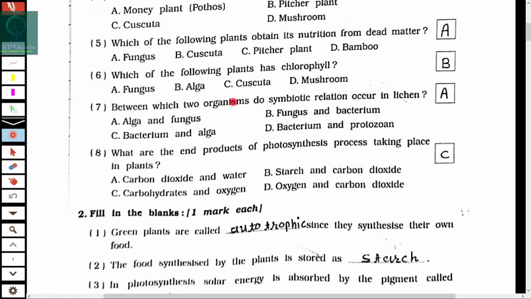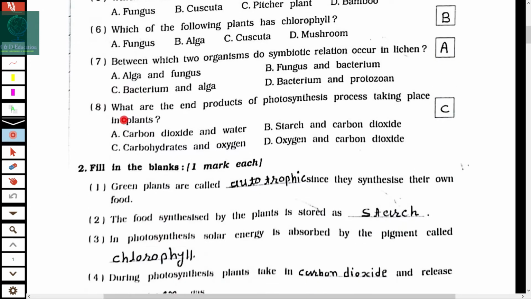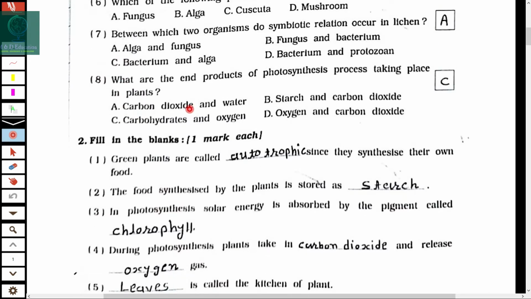Between which two organisms does symbiotic relation occur in lichen? So the answer is alga and fungus. Now the last MCQ is, what are the end products of the photosynthesis process taking place in plants? So the answer is carbohydrates and oxygen.